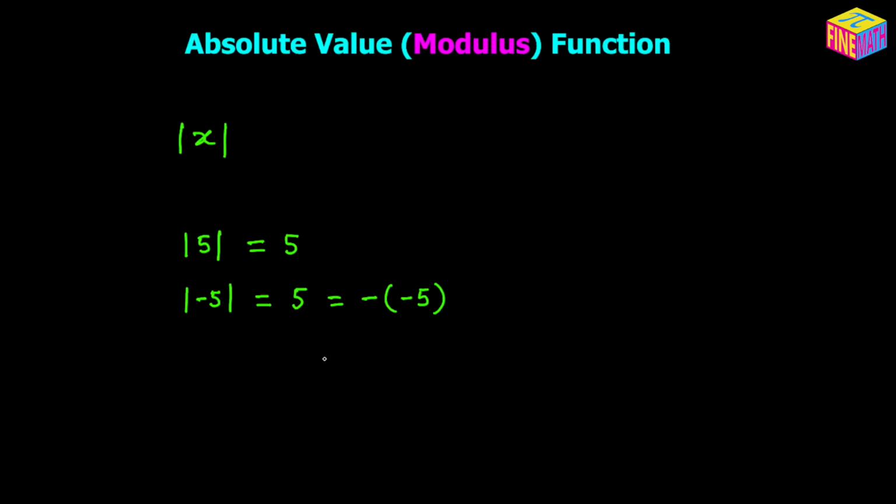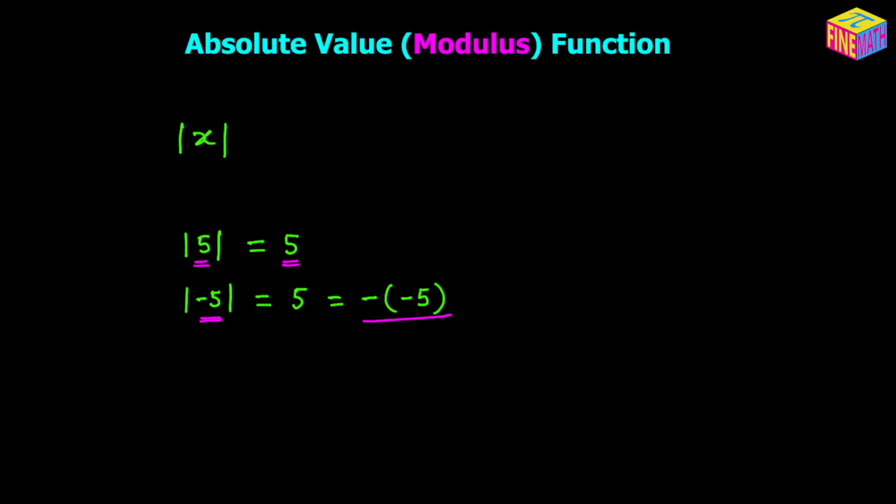So from this example, you can clearly see that when the number within the two vertical bars is not negative, then we get the same number as the result. Like here, if we have a positive number, the absolute value function gives us the same value. But if it is a negative number, then the absolute value gives us the negative of that number which is enclosed within the two vertical bars, right?